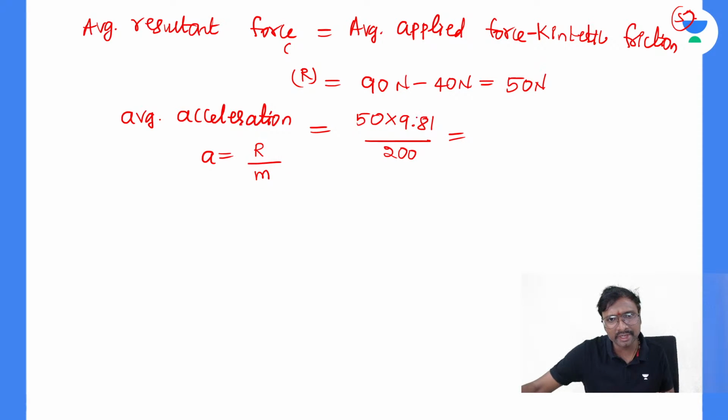What is the mass? The weight is 200 newtons, so the mass is 200 divided by 9.81. Sending the 9.81 to the top, we get acceleration as 50 into 9.81 divided by 200.